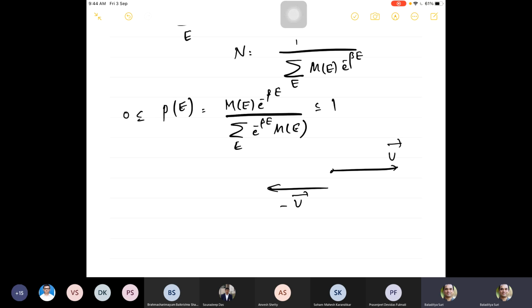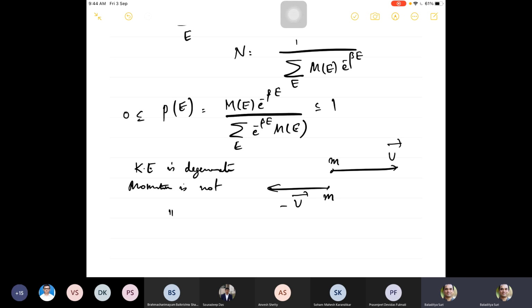If you take momentum into consideration, then you can distinguish these two states. So if you have two particles of mass m moving like this, kinetic energy is degenerate, momentum is not.